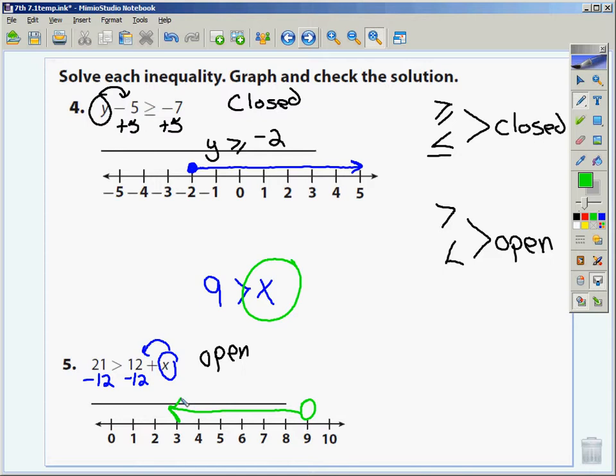Any difference dealing with the addition? Same as the inequality, except we can now graph it, right? But we do the same process. We either add or subtract the same thing from both sides. No difference.